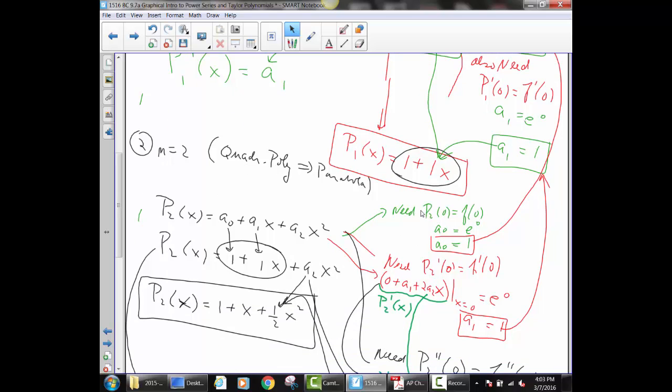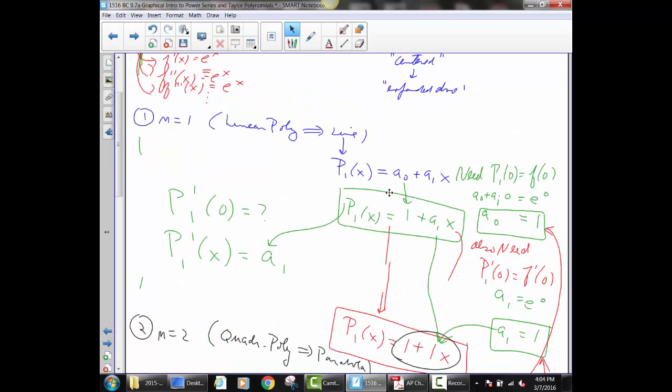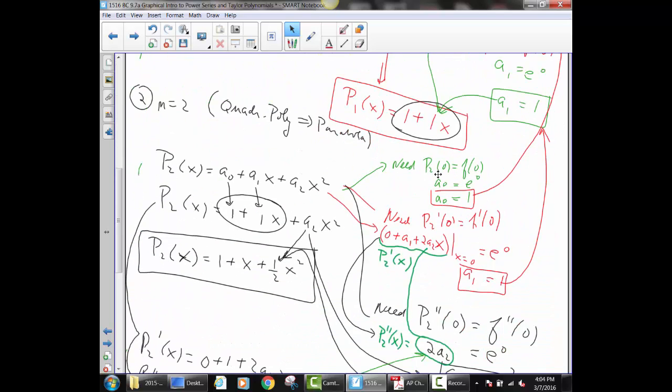Now, what we need is P2 of 0 equal to f of 0, because this question is near c equals 0. Well, f of 0 is e to the 0, which is 1. P2 of 0 would be 0 plus a0.